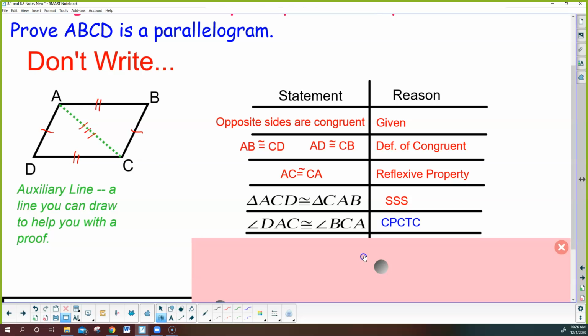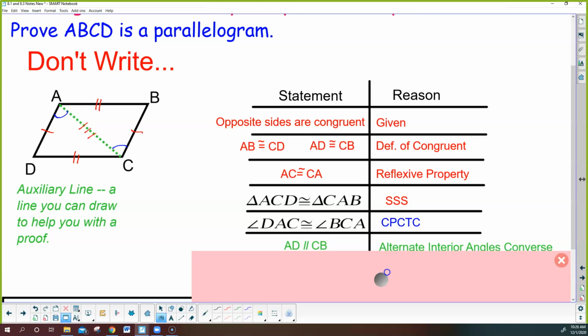Well, now, what else can I do? I can use CPCTC to say that angle DAC, this angle right here, is congruent to BCA, and that's by CPCTC. And then, what do I know? I have a Z here.